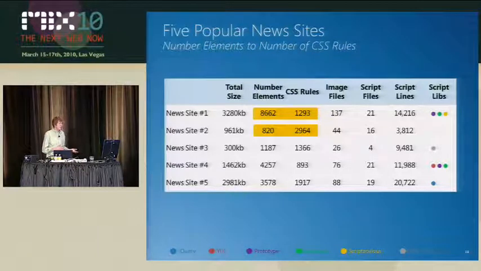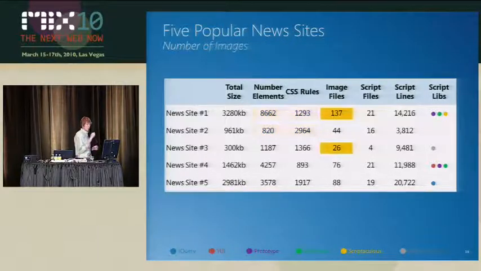Whereas news site number 2 has 820 elements for close to 3,000 rules. Architecturally, they have completely opposite architectures in terms of elements and rules. If we go on to image files, news site number 1 has 137 images, whereas news site number 2 has only 26.